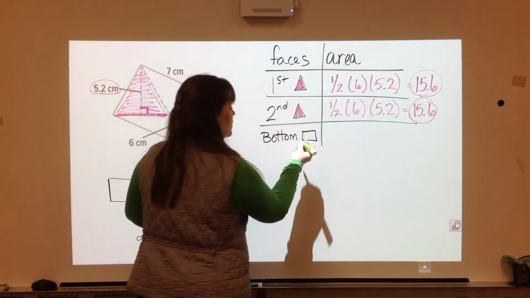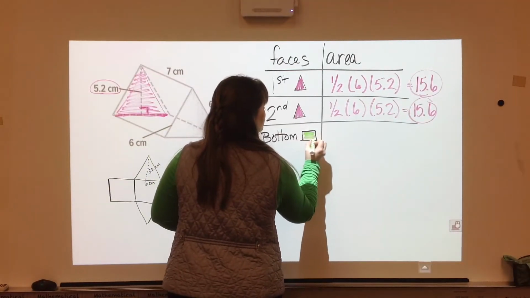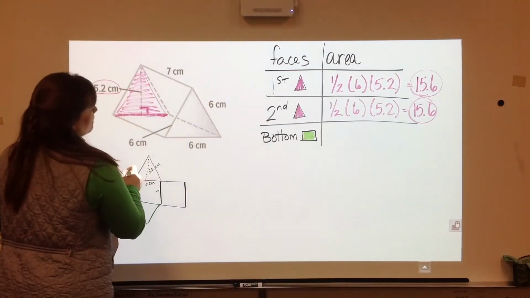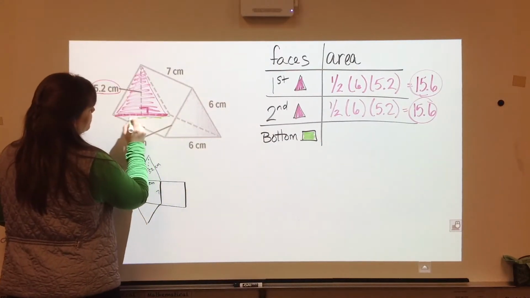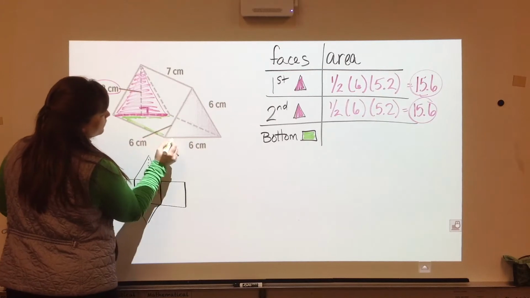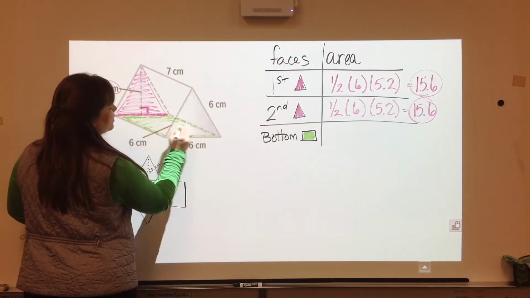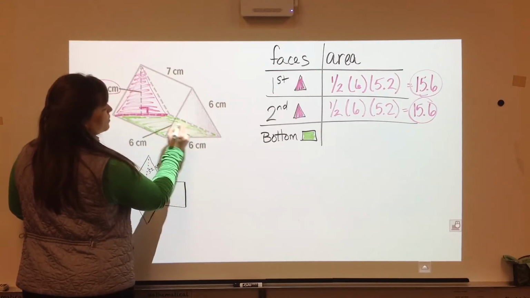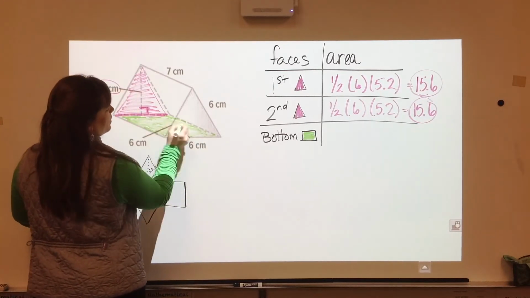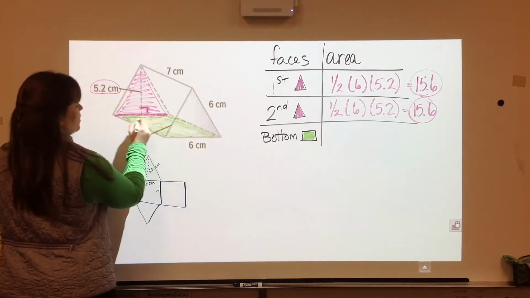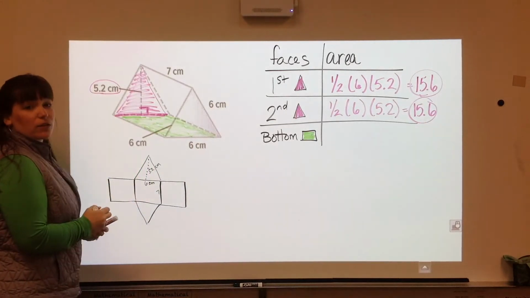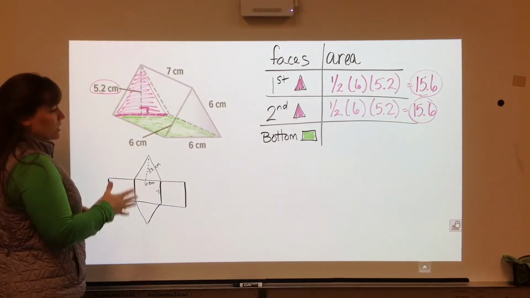Bottom rectangle, I'm going to do another lighter color, my green, and that is this rectangle right here. It looks like a parallelogram, but that's just because it's a 3-dimensional picture written on a flat piece of paper. But it's one of these rectangles. And remember, they're going to be exactly the same.